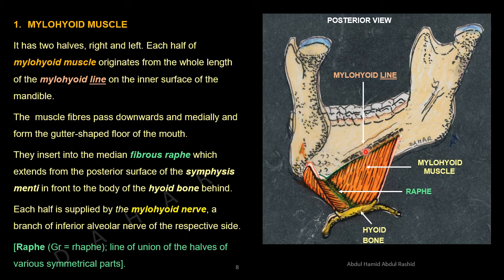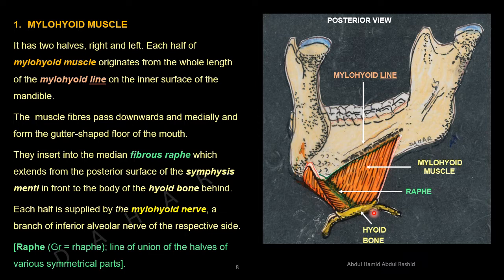mandible. The muscle fibers pass downwards and medially and form the cutter-shaped floor of the mouth. They insert into the median fibrous raphe, which extends from the posterior surface of the symphysis menti in front to the body of the hyoid bone behind.